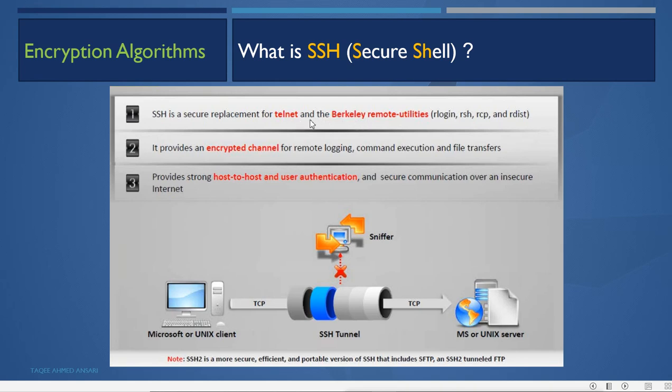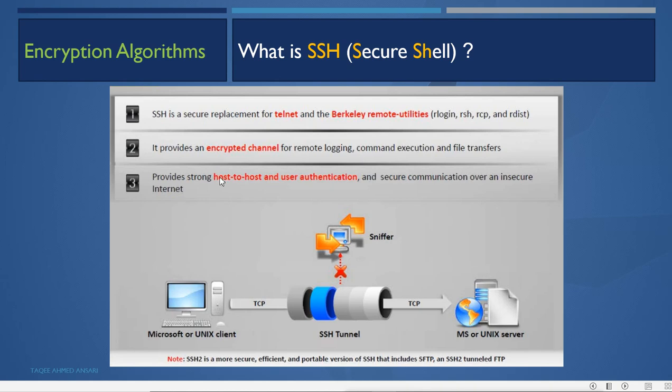SSH provides a secure connection. It provides an encrypted channel for remote login, command execution, and file transfer. It provides strong host-to-host and user authentication and secure communication over an insecure internet. And how does it do this?